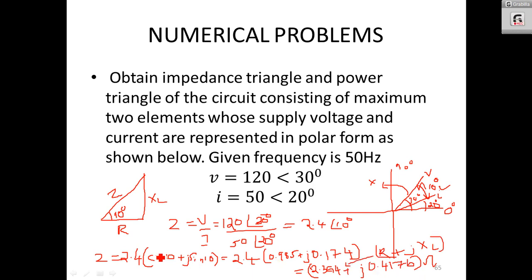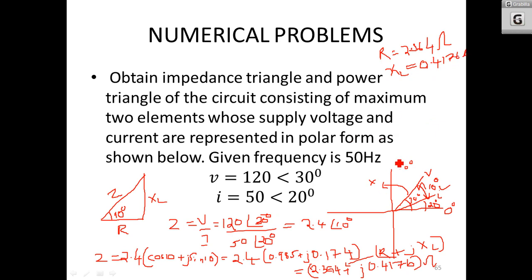So we can write the resistance as R is equal to 2.364 ohm. And what is XL? XL is 0.4176 ohm.